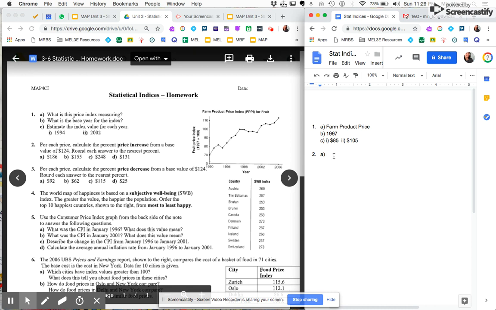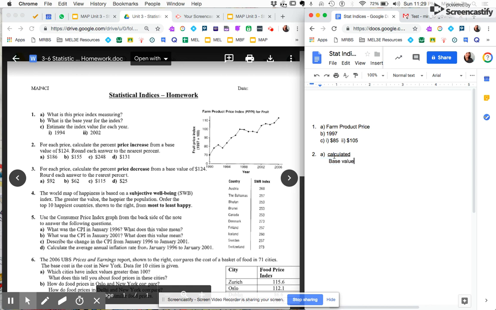I want to calculate it versus the base. A little tough to do fractions and math in here.